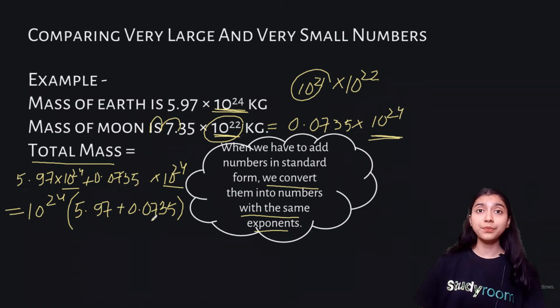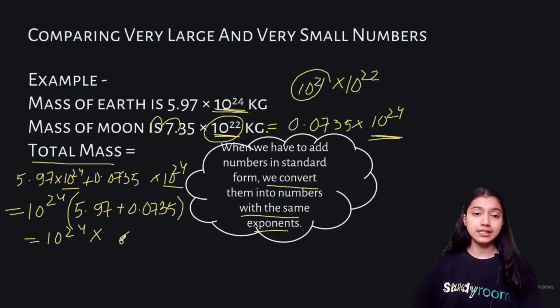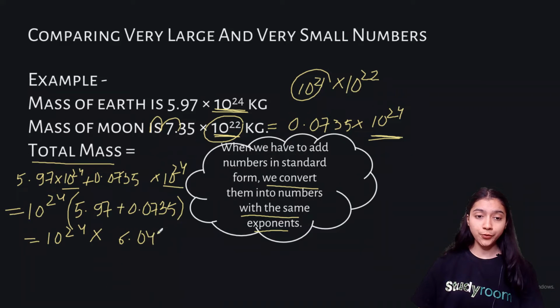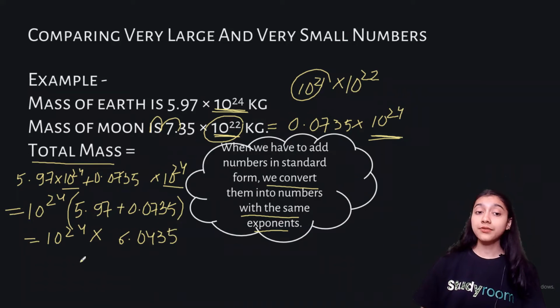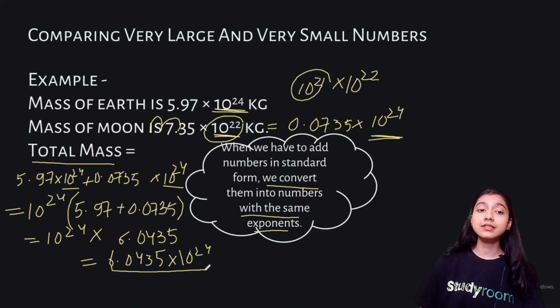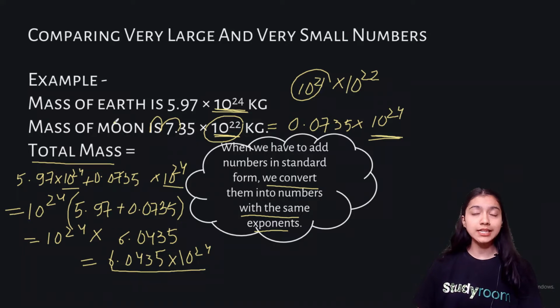Now this is a simple decimal addition. So we have 10 to the power of 24 multiplied with, adding these two quantities up, 6.0435. So our final answer will be 6.0435 multiplied with 10 to the power of 24. So we can say that this is the sum of the mass of the earth and the moon.